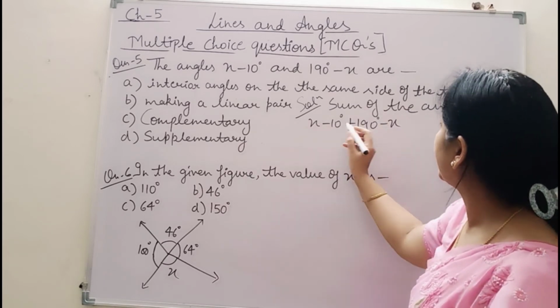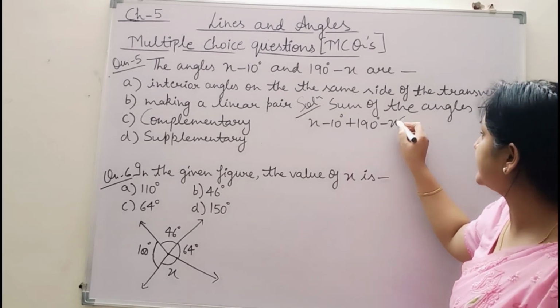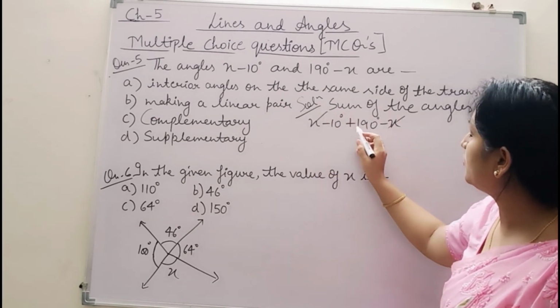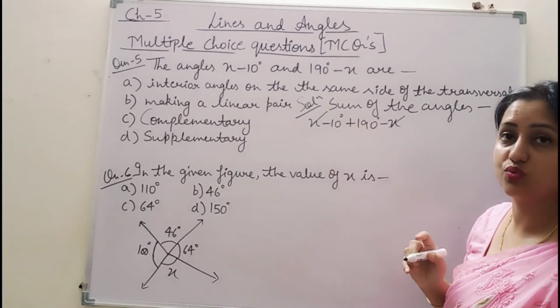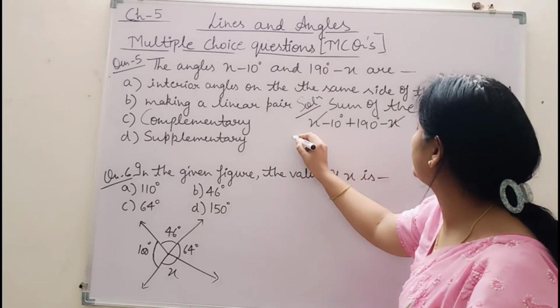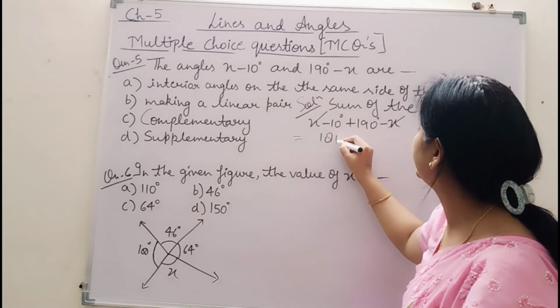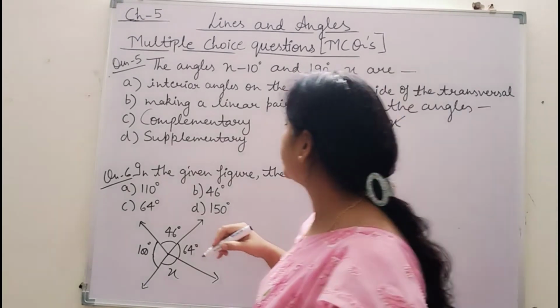So one x is positive and the other is negative, so they cancel out. After that, one is negative and the other positive, so 190 minus 10 is equal to 180 degree. So their sum is equal to 180 degree. It means they are supplementary.